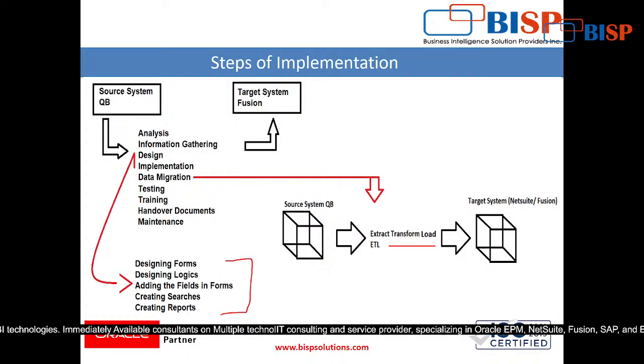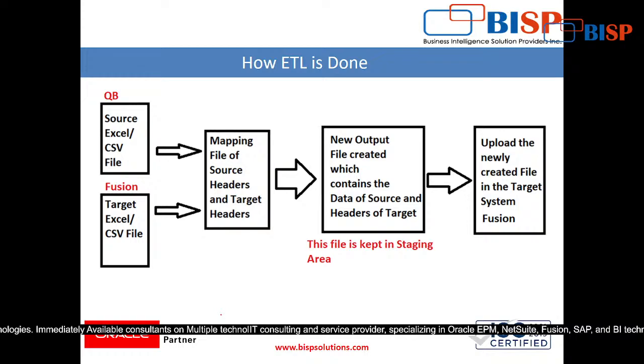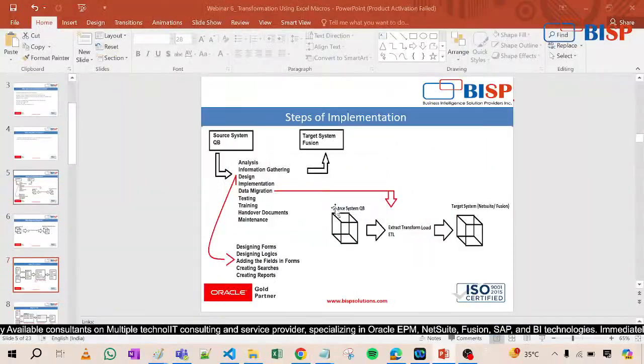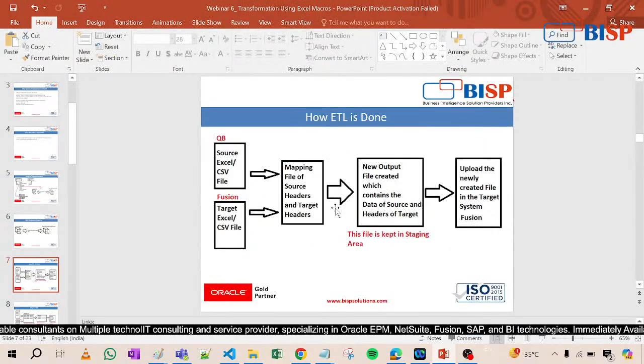Now let's move further. When you are talking about the analysis part and all these things, you have to create the BRD first. And what is BRD? BRD means business requirement document, and we have to create this on our own.